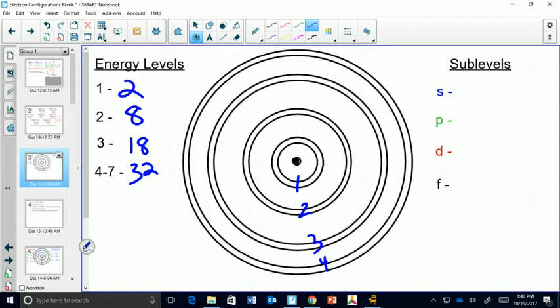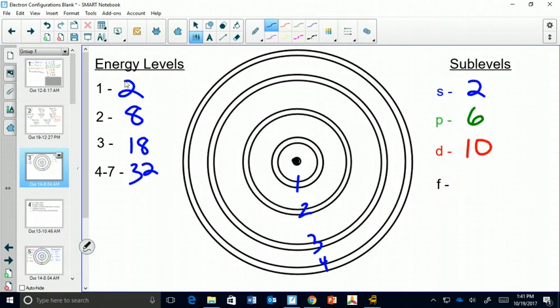We good? Okay. Each of these sublevels holds a certain number of electrons. You ready for some more numbers? Here we go. S holds how many? 2. Good. P holds how many? 6. Not 4. Good. D holds 10.